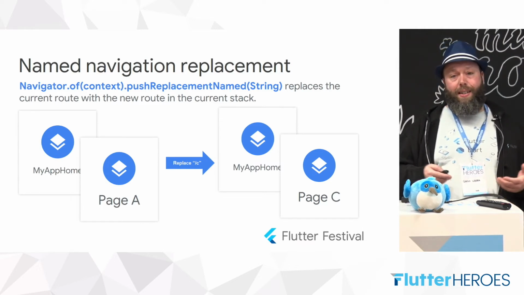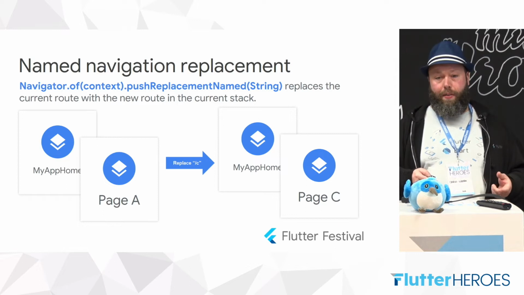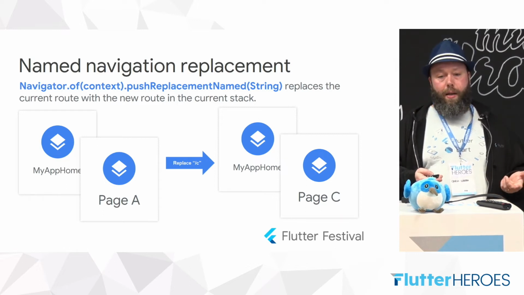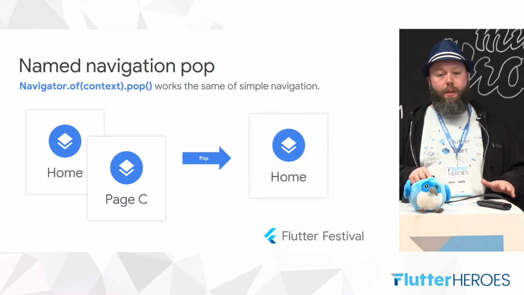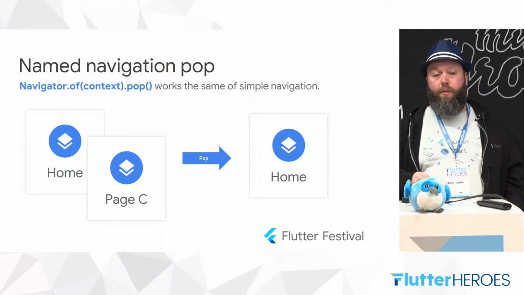It will work exactly the same as the simple navigation, but we are using the name. And the pop works exactly the same. We don't need to do anything, we just pop the navigation and the first route is removed from the stack.